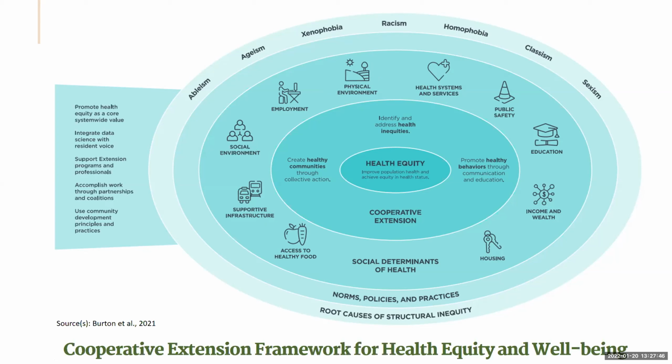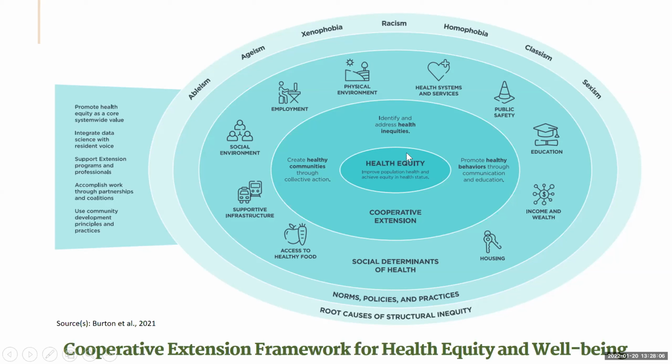So this framework incorporates 9 social determinants of health. Then when we get to the inner rings, we see how Cooperative Extension can advance health equity, which is centered here in the model.